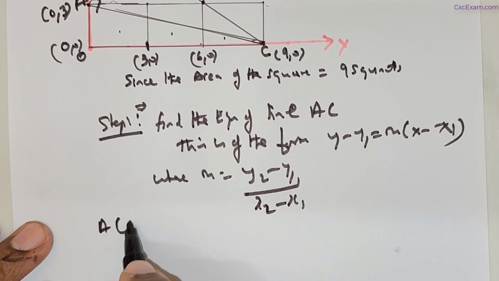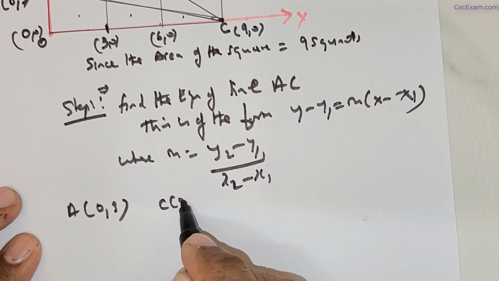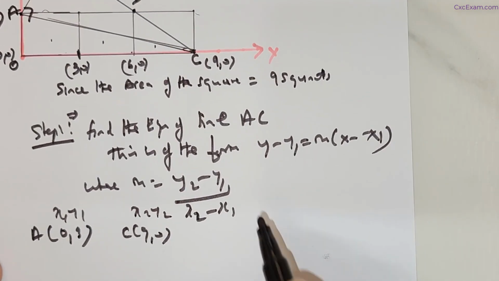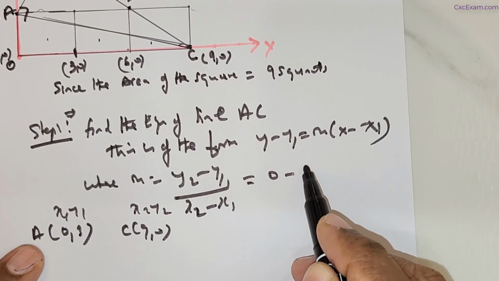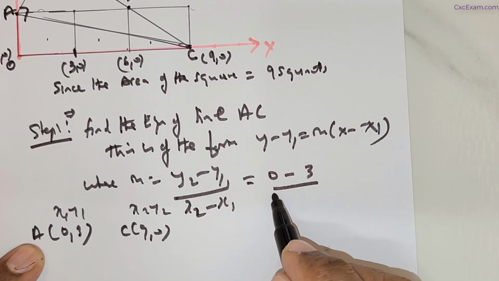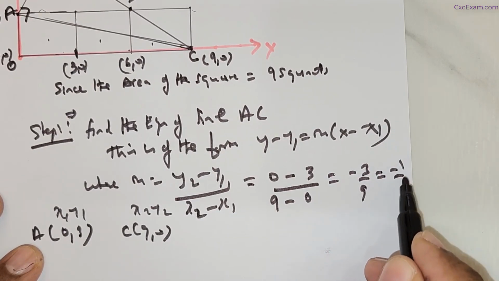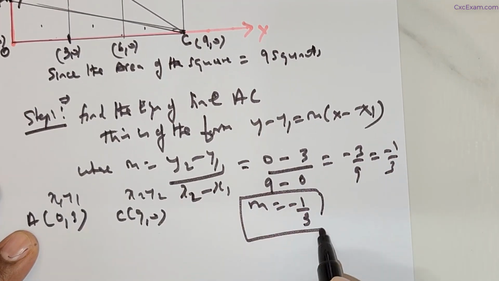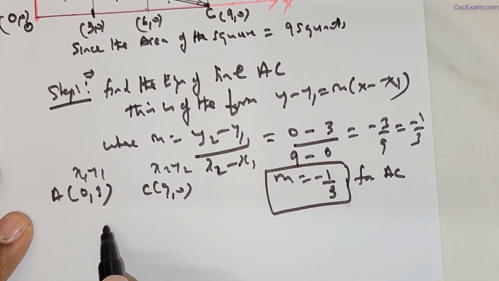So A is 0, 3 and C is 9, 0. I take these as x1, y1, x2 and y2. So this is going to be 0 minus 3 over 9, which means negative 3 over 9, which is negative 1 over 3. The slope is negative 1 over 3 for the line AC.